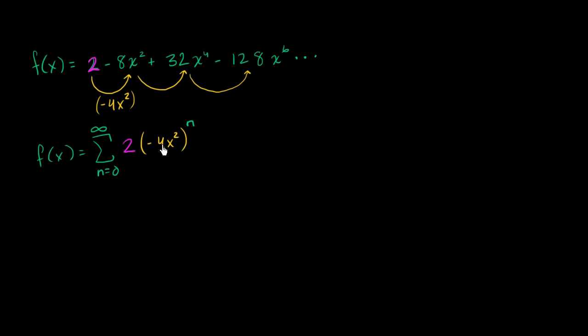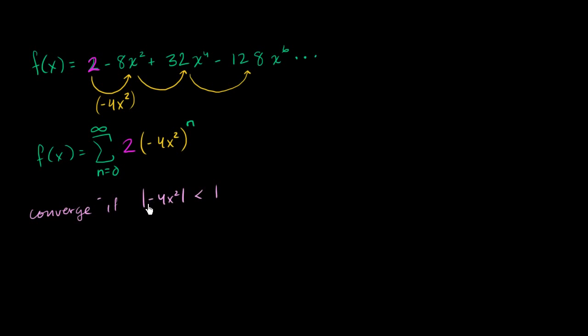Now, when will this thing right over here converge? Well, we know that a geometric series will converge if the absolute value of its common ratio is less than 1. So let me write this down. So it converges if the absolute value of the common ratio, negative 4x squared, is less than 1.